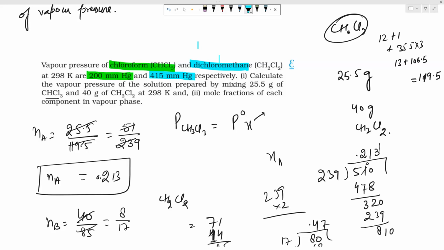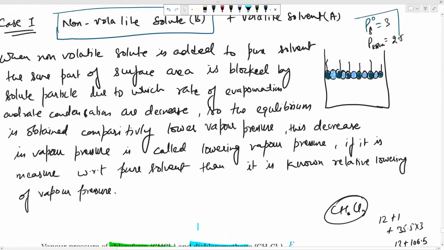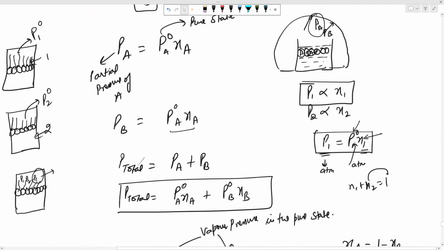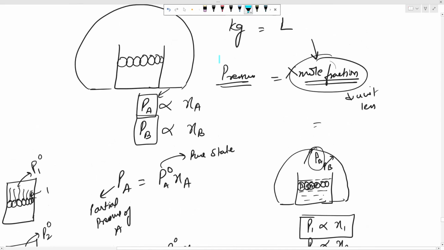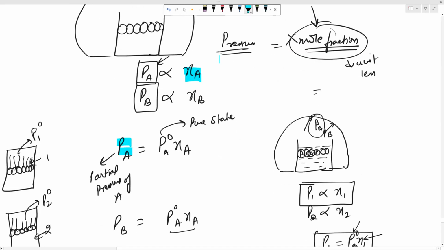So according to Raoult's law, we studied that the partial pressure of a gas is directly proportional to the mole fraction. PA, the partial pressure in the vapor phase when there is a solution, is equal to PA naught times XA.